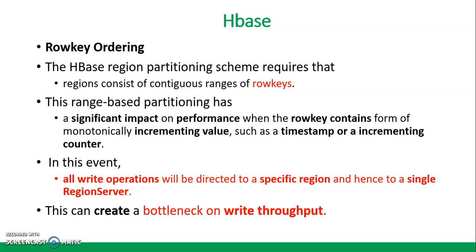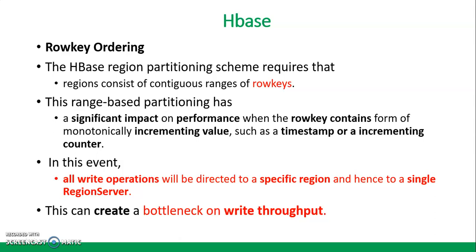The HBase region partitioning scheme requires that regions consist of a contiguous range of row keys. This range-based partitioning has a significant impact on performance when the row key contains some form of monotonically incrementing value such as a timestamp or an incrementing counter.